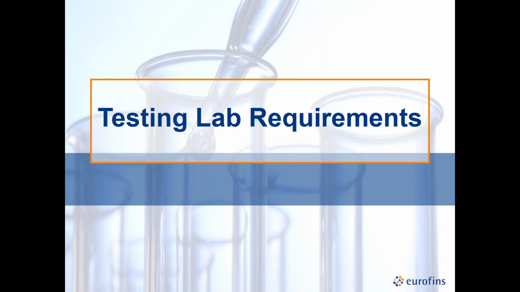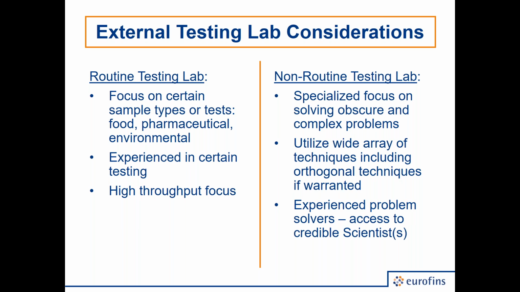So I'm just going to give some general lab considerations, and these work fine for Eurofins. They also work fine if you're working with our competitors. So we want to give our attendees today useful information for finding the right partner for your circumstances. So basically, labs are split up into 2 types, either routine testing lab or non-routine.